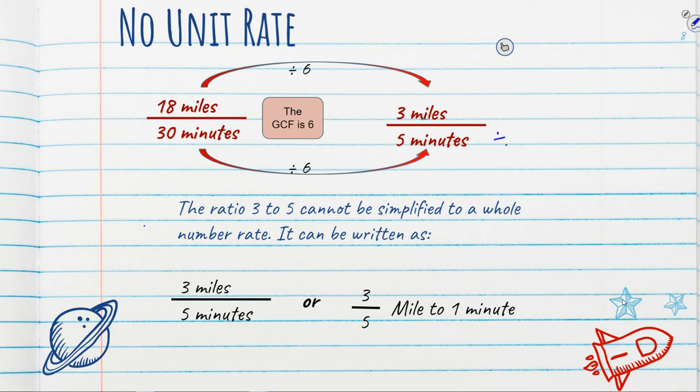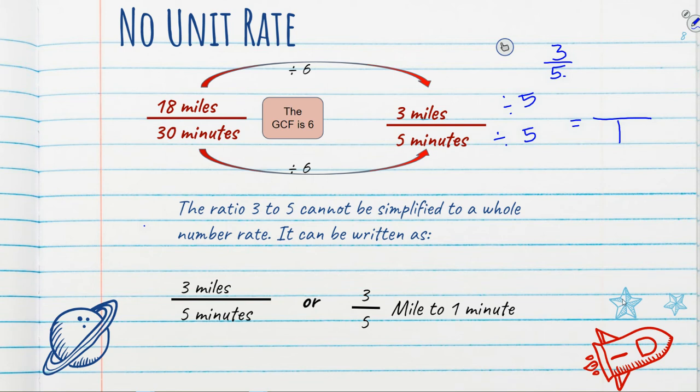If we divided 5 by 5, that would give us 1. If we divided 3 by 5, 3 by 5 looks like that, but you can also write division in fraction form, can't you? It just means the top number divided by the bottom number. 3 divided by 5.